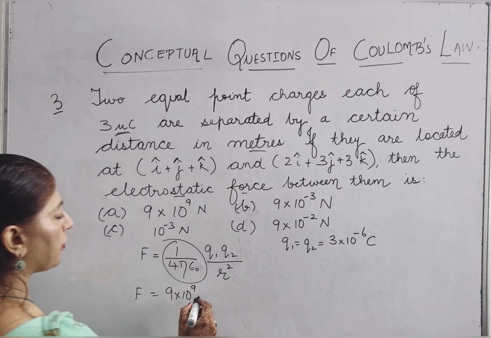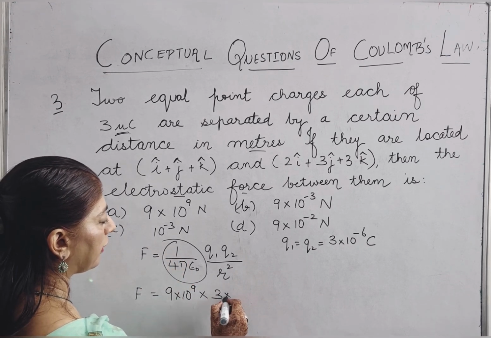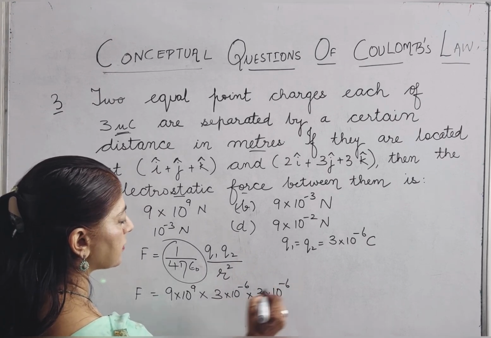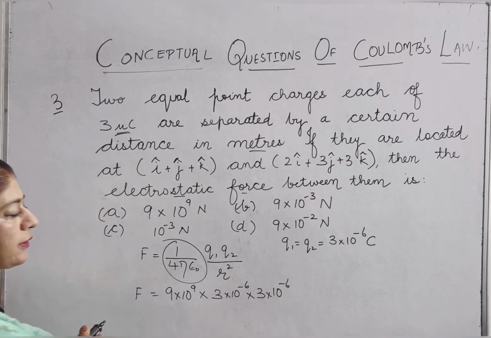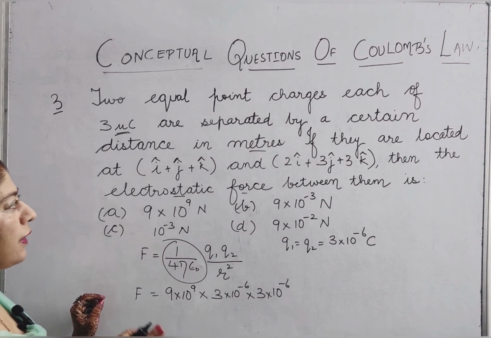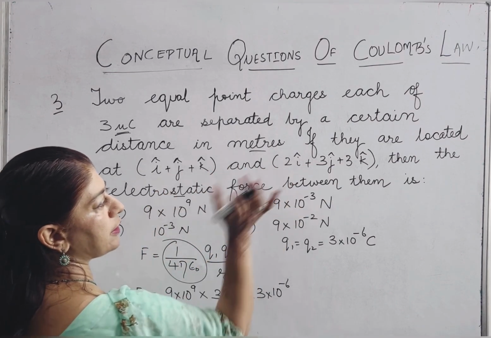So this can be written as 3 into 10 power minus 6, 3 into 10 power minus 6. Now we are left with the distance between the two charges. Here we are having the positions of these two.